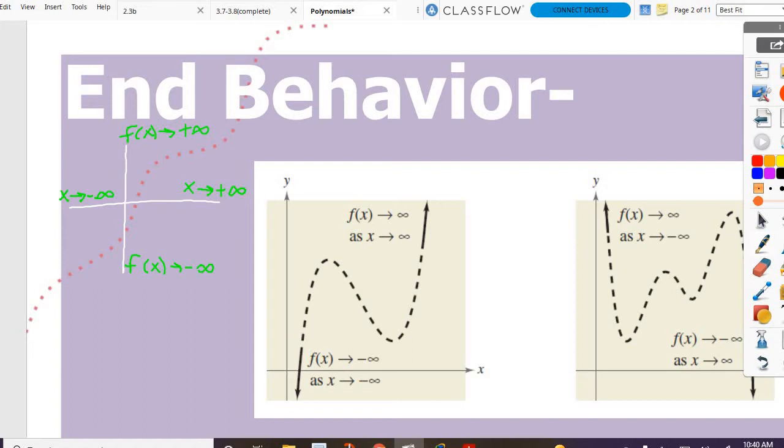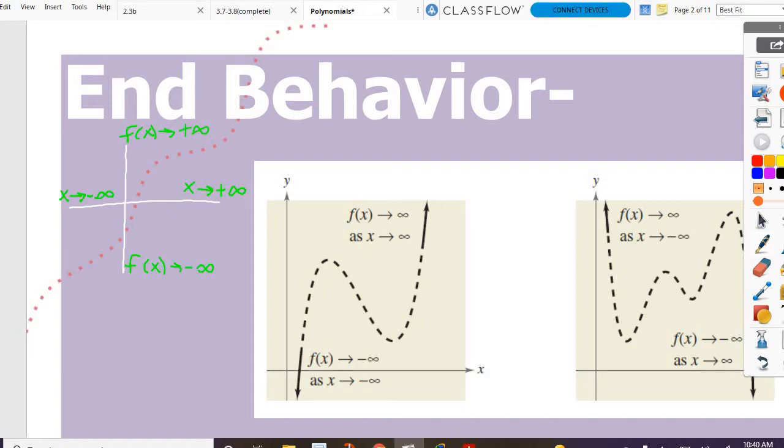Alright, so if I'm looking at this first one, notice that if I'm on the left side of my graph, x is going towards negative infinity. Agreed? Same thing with my second one. As I'm on the left side of the graph, x is going towards negative infinity.